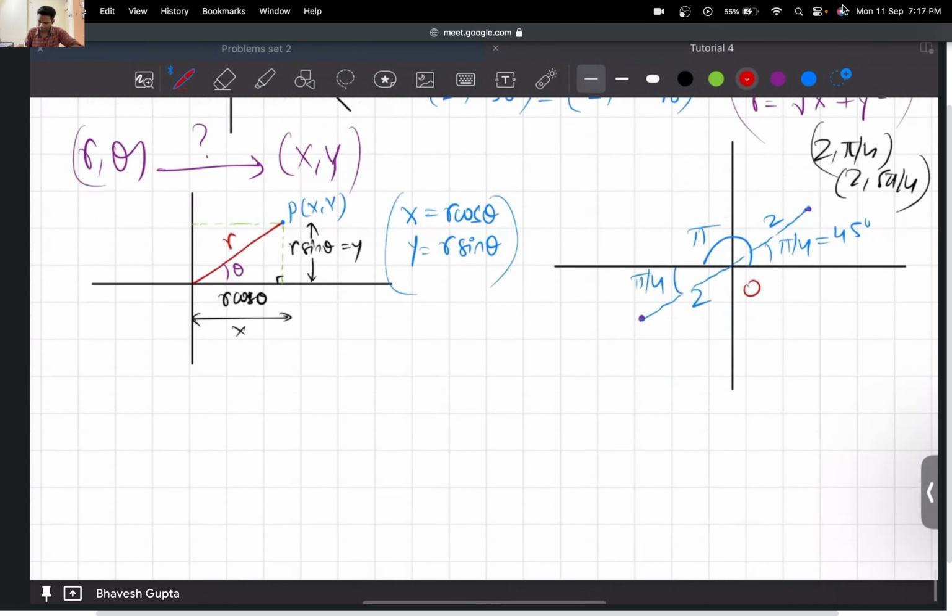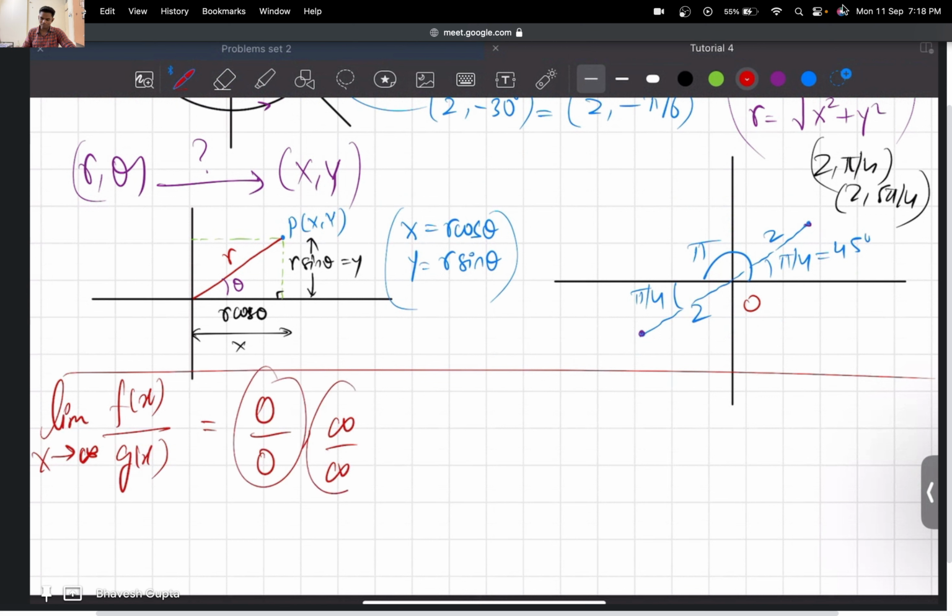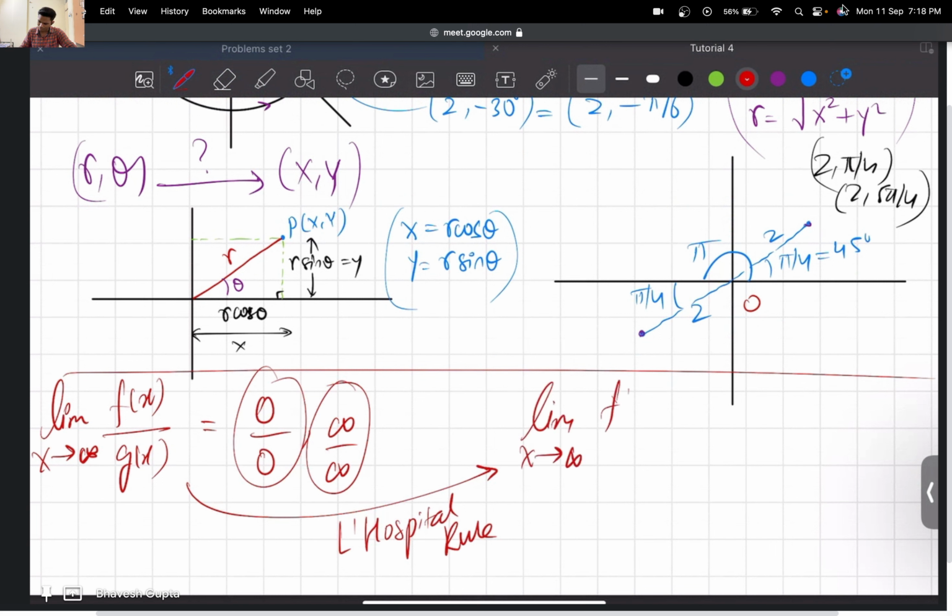let me write down here. The question they have asked me is this: if this particular limit was in the form of 0 by 0, infinity by infinity, or some such form, and we know that other forms can be converted into these forms, so if this was an indeterminate form, and we know what to do in this case, we apply L'Hopital's rule, which basically tells me that this limit is also equal to this, and the question tells me that it does not exist.